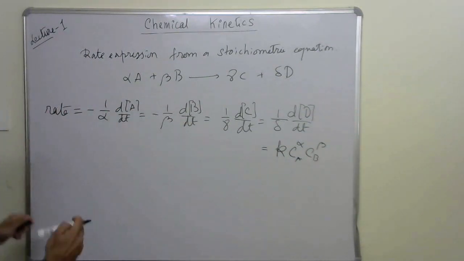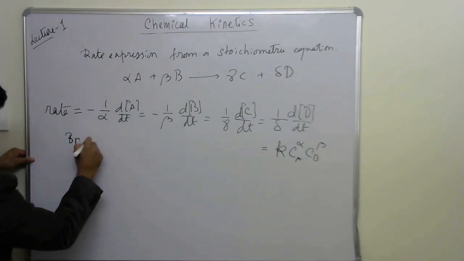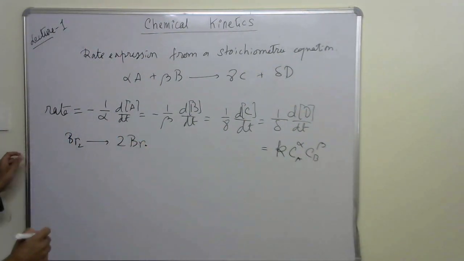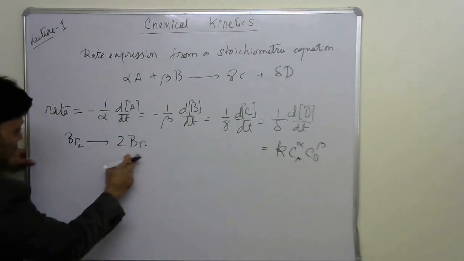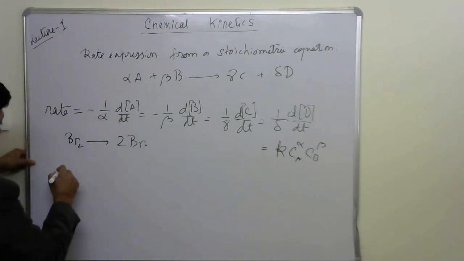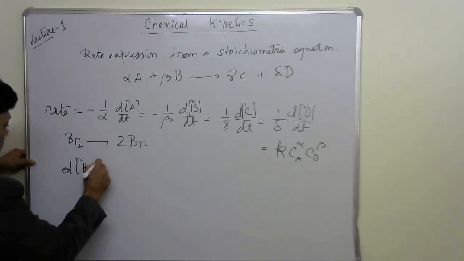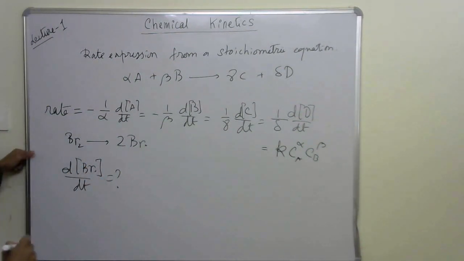If this is true, then for our own little exercise, look at this reaction. This is the dissociation of a bromine molecule into two free radicals: Br2 dissociating into 2Br dot. Can we find the rate of formation of the bromine free radical, d[Br dot]/dt?